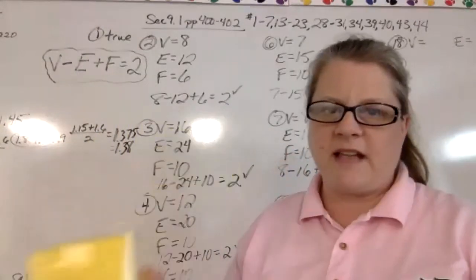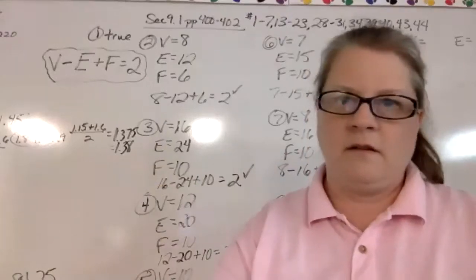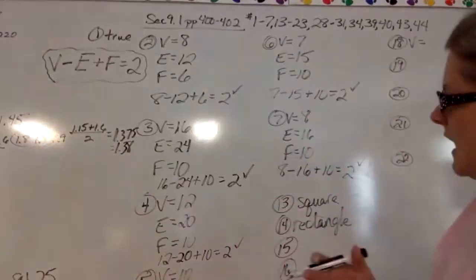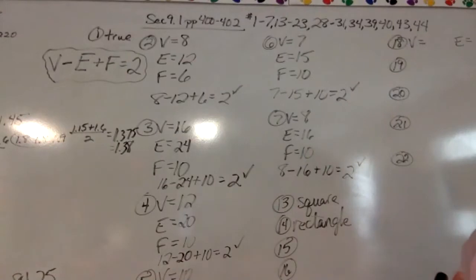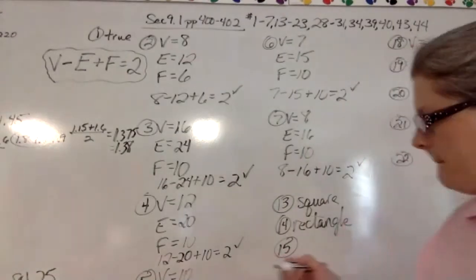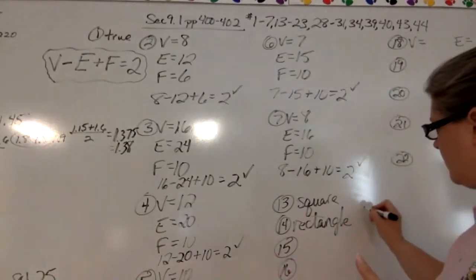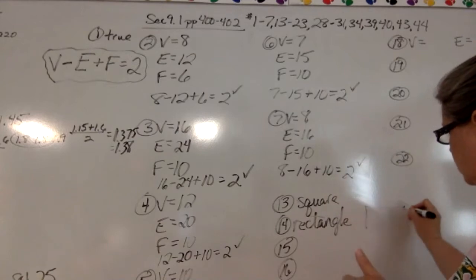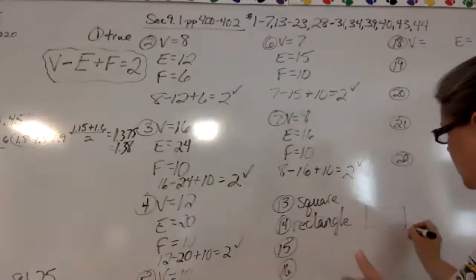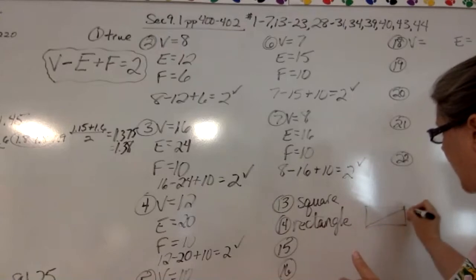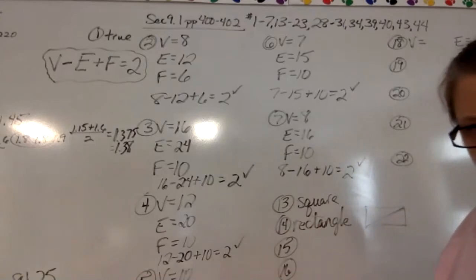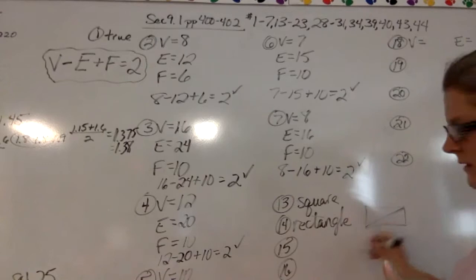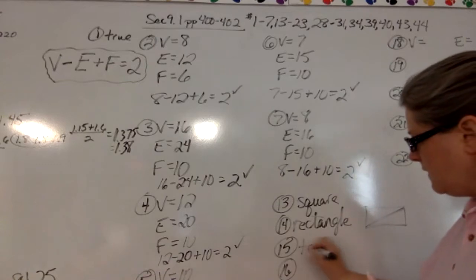So am I going to get a rectangle again? No. What do we get if we cut a rectangle in half? What shape do we get? If I take a rectangle and cut it in half in the diagonal, I get a triangle. Yep.